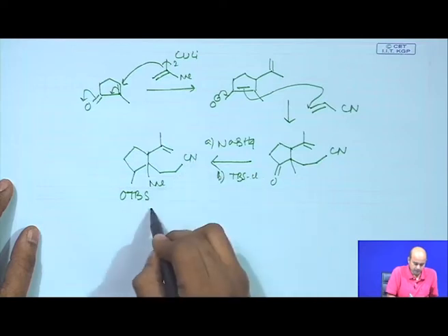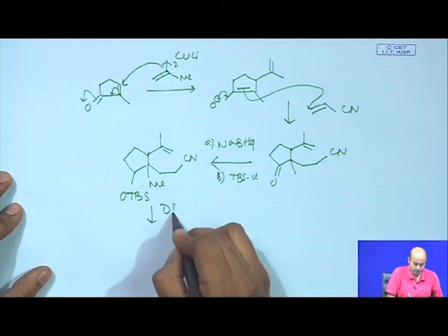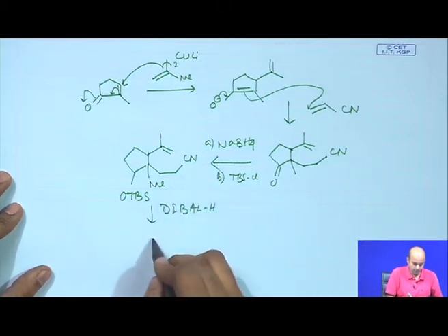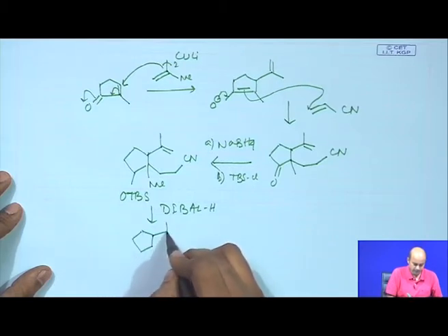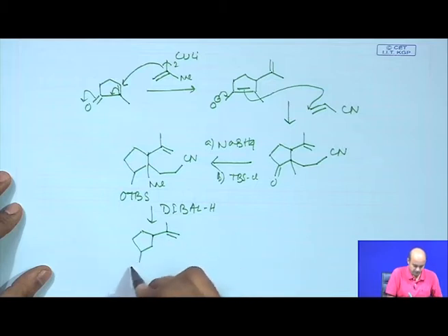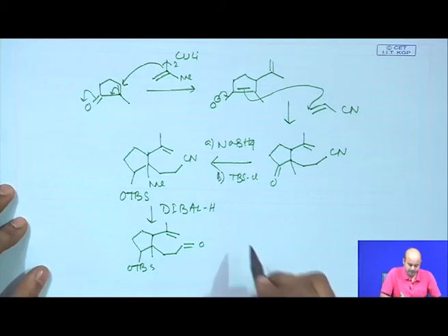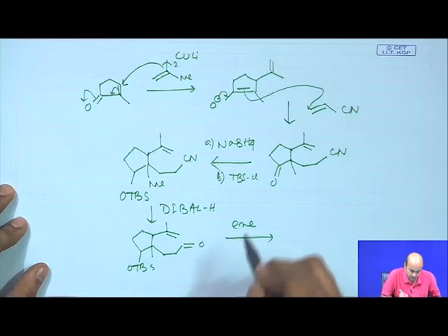So next you are almost close to the carbonyl ene reaction. What you do? You do a simple DIBAL reduction to convert the cyano to the corresponding aldehyde. Now, everything is ready.